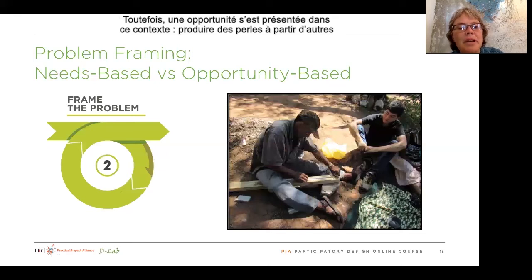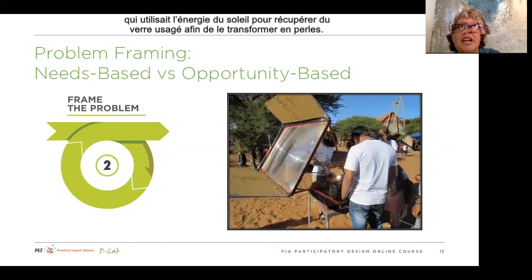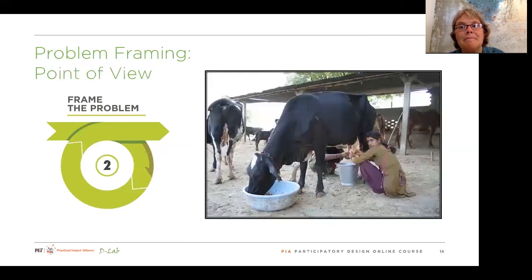However, an opportunity presented itself in this context to produce beads out of other materials using available resources such as recycled materials and energy from the sun. This led to a project that was a solar furnace that used solar energy to take waste glass and turn it into beads. Although this was not a problem that was articulated directly by the community, when they learned about the opportunity, they became eager participants in the project.